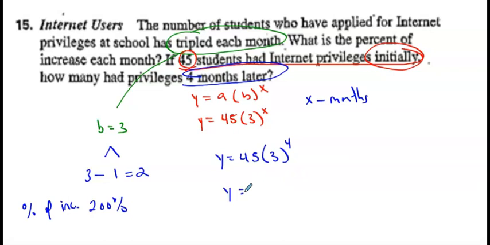Make sure you do 3 to the 4th power first, which is 81. Let me get my calculator going. 3 to the 4th is 81, times 45. You can put this right into your calculator in one keystroke, and you get 3645. So 3,645 students.